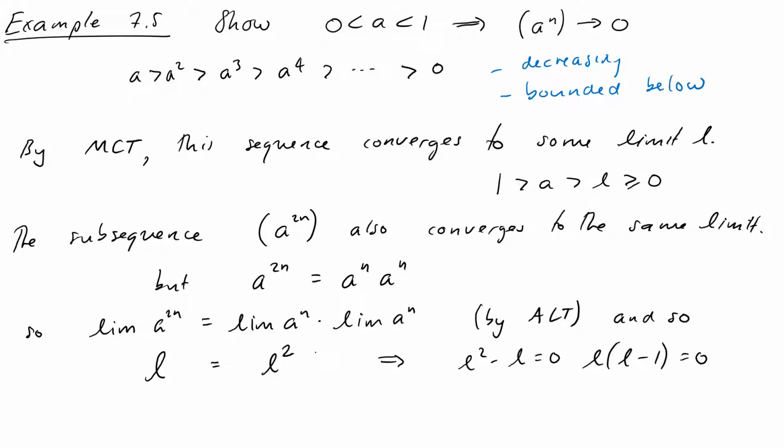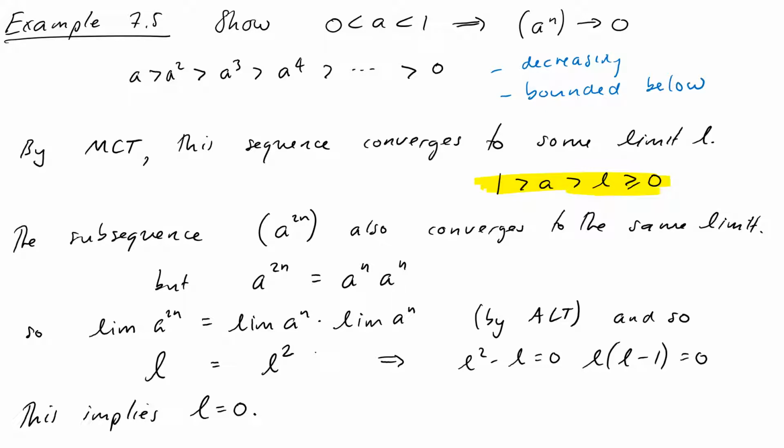Clearly it's not 1 because of what we wrote up here. So our limit has got to be 0. This implies that L equals 0. So that's quite a nice little roundabout way of coming up with this result without having to do our convergence of a sequence definition directly.